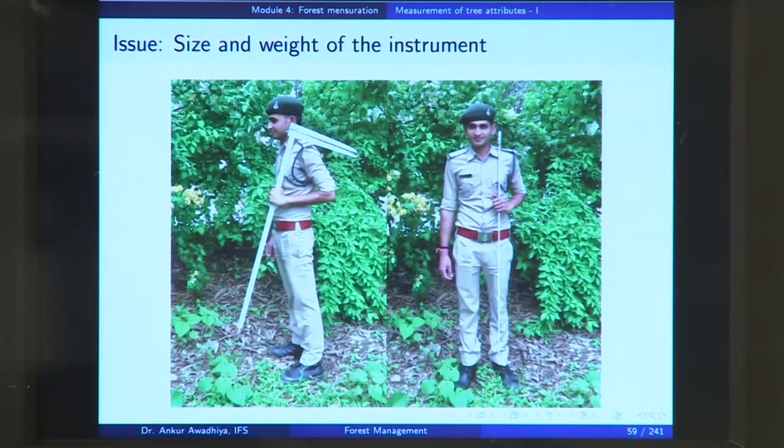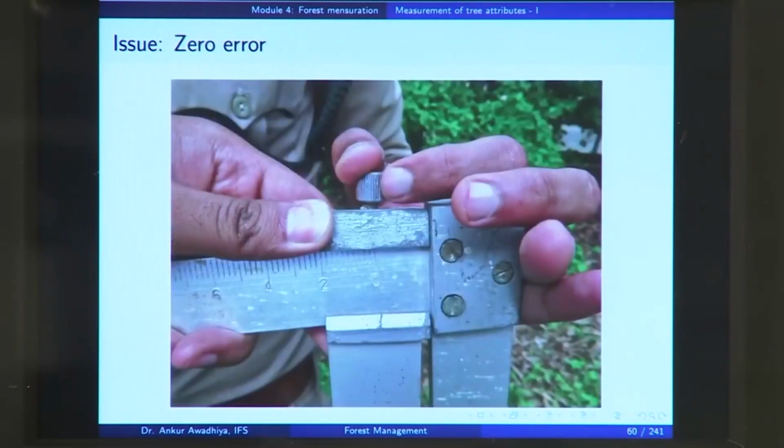So, for instance, if you want to take it into a forest that is full of vines, that is full of undergrowth, and you want to take multiple measurements with this instrument, especially in hilly areas, it becomes very difficult, it becomes very physically exhausting. A number of these instruments also have 0 errors, which means that when you bring both the jaws together, they do not match at the 0 point.